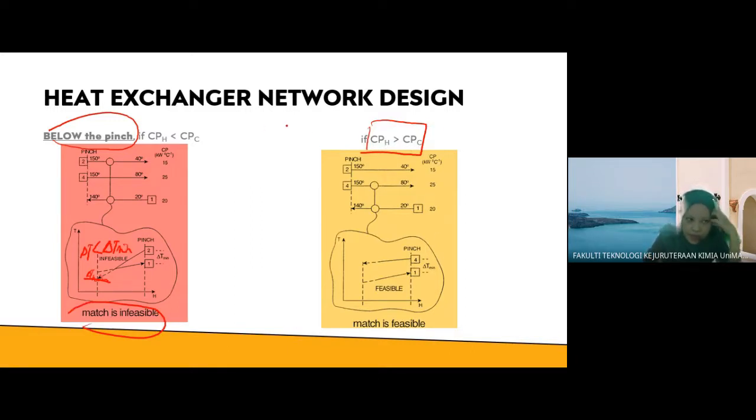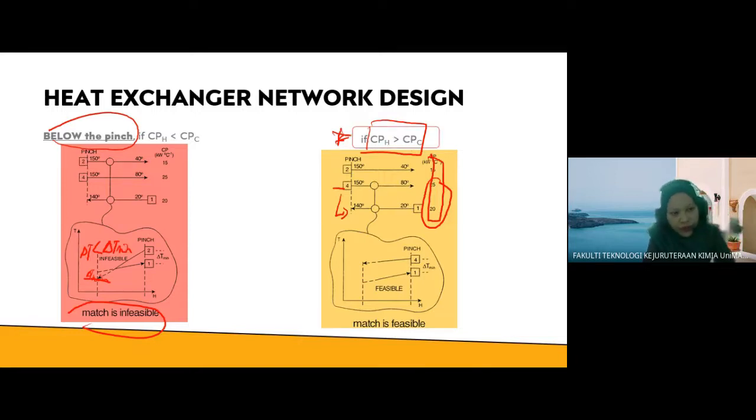So below the pinch, the value of CPH must be greater than CPC. So looking at the value here, CPH must be greater than CPC, meaning that you can only design your heat exchanger by exchanging the heat from stream 4 to stream 1, because it satisfies this requirement, CPH value greater than CPC. Okay, do you understand so far?